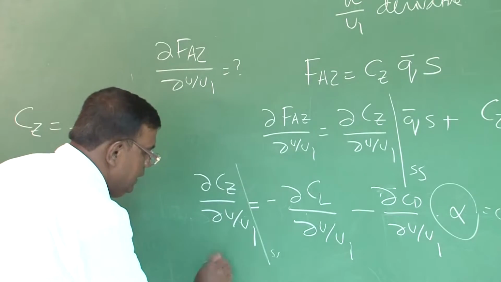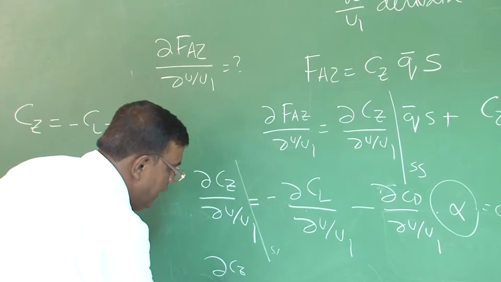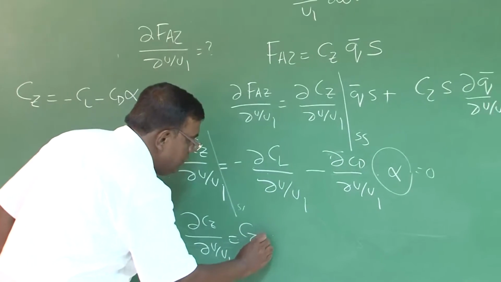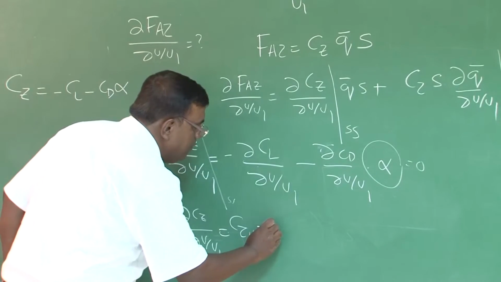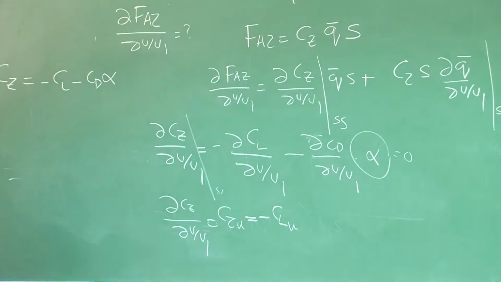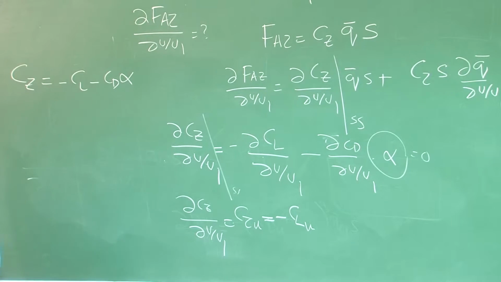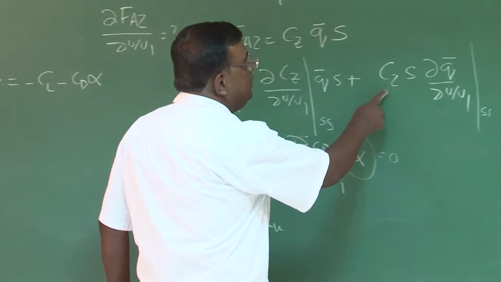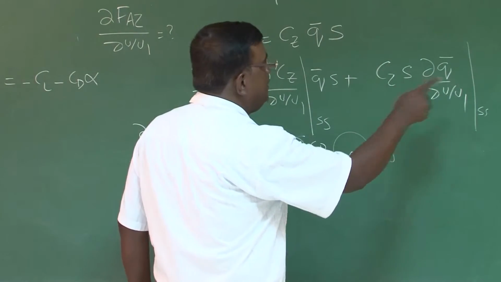You are getting dCz by du by u1, which can be denoted as Czu, which is nothing but minus Clu. So simple. So you know what this term is, nothing but minus Clu. We know Cz1 is nothing but minus Cl1.